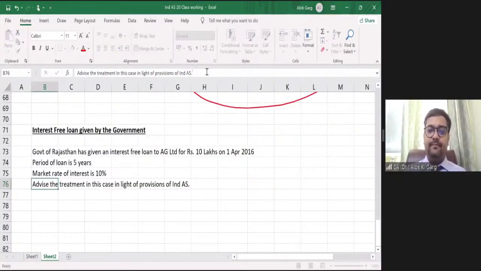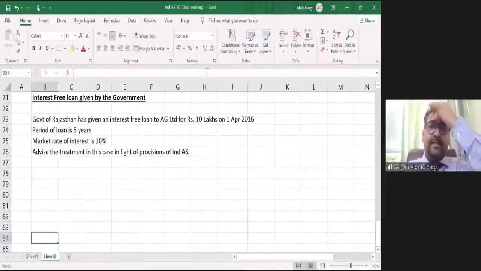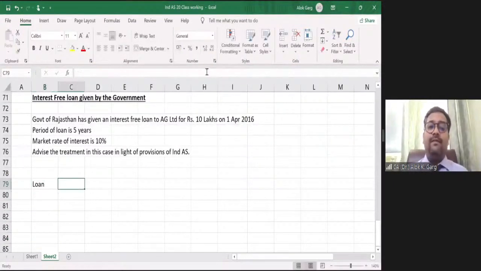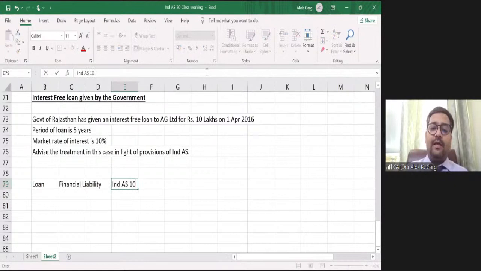So guys, in this case, the standard says that if the government has given an interest free loan, this loan is a financial liability, and this has to be calculated as per Ind AS 109.